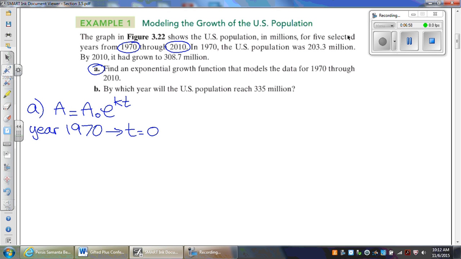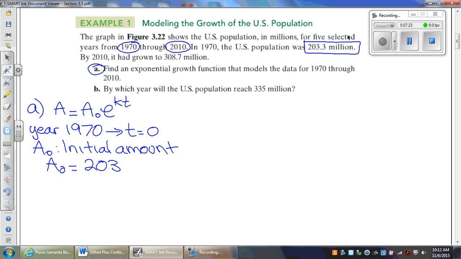So at t equals 0, the population was 203.3 million. So what we're going to say is that a sub 0, which is the initial amount, or the amount at time 0, is going to be equal to 203.3 million.